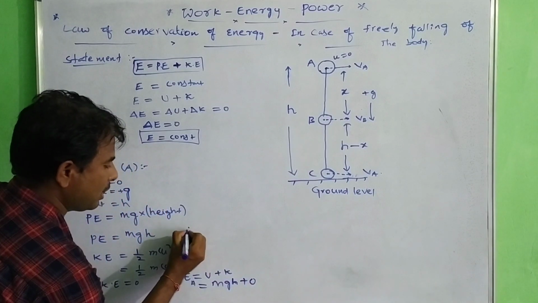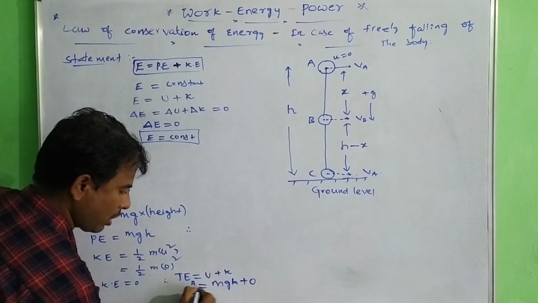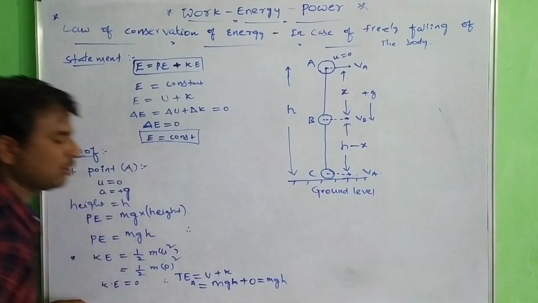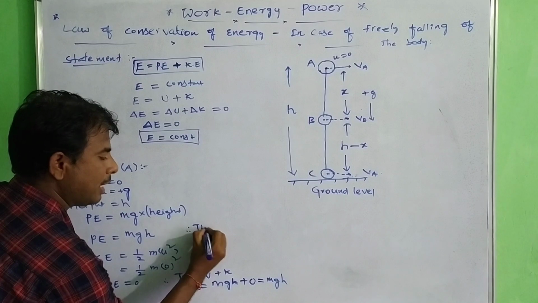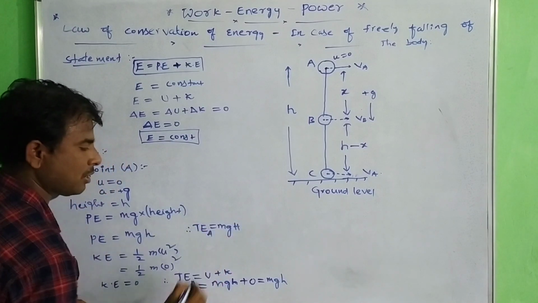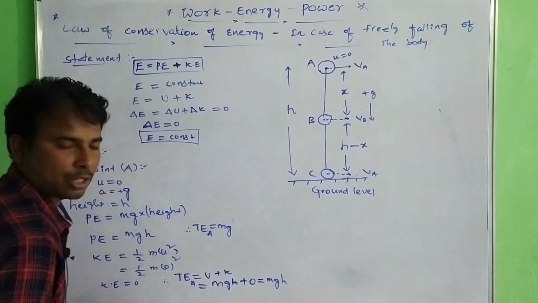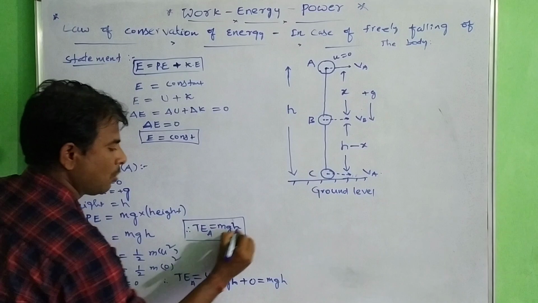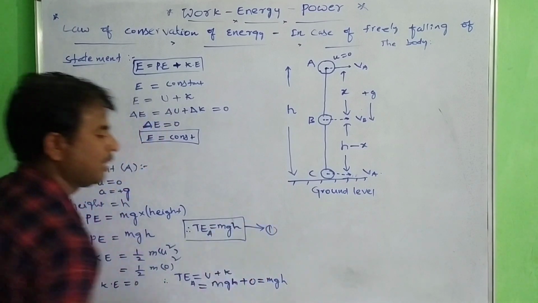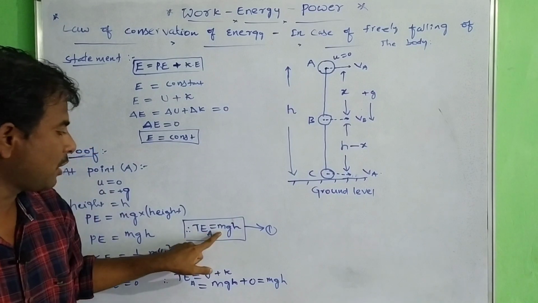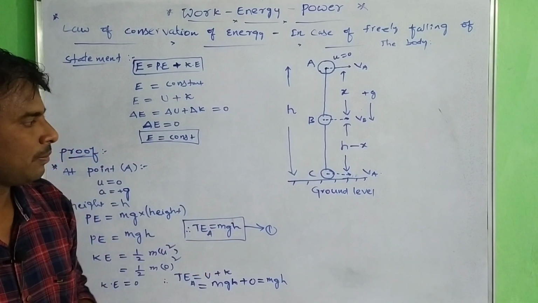Therefore, the total energy at point A is finally mgh, with small h. This is the total energy at point A.